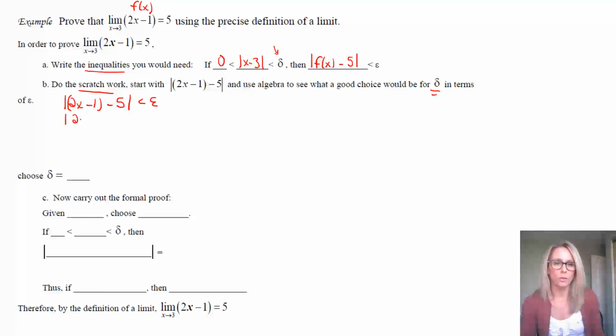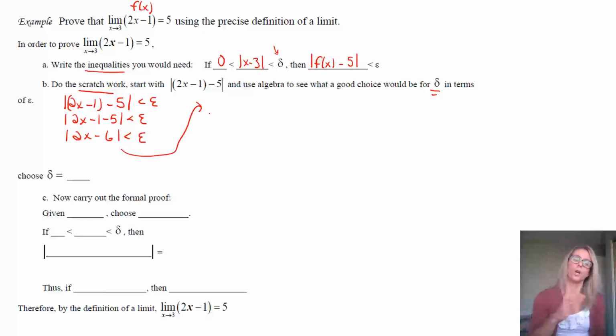Then we're going to simplify what we have in our absolute value. So we have this, you can keep going with this if you want. You can see we can combine some like terms and we get this. And what a really good thing to do now is notice that we have a factoring situation. What can you factor out from that absolute value?